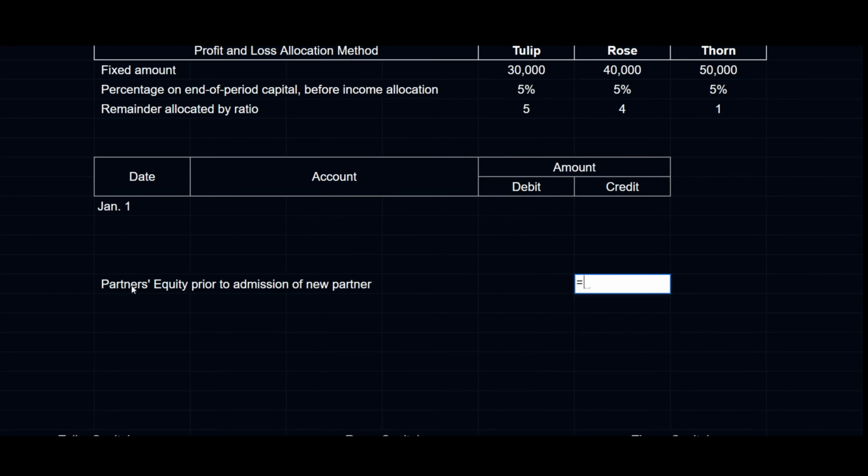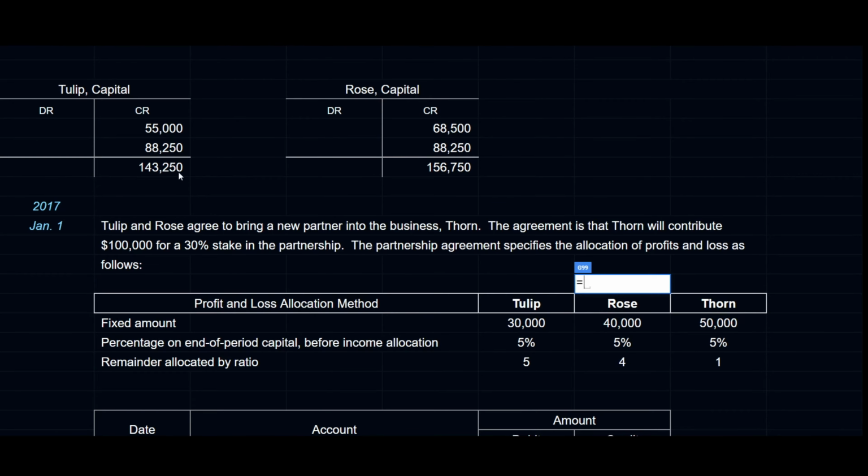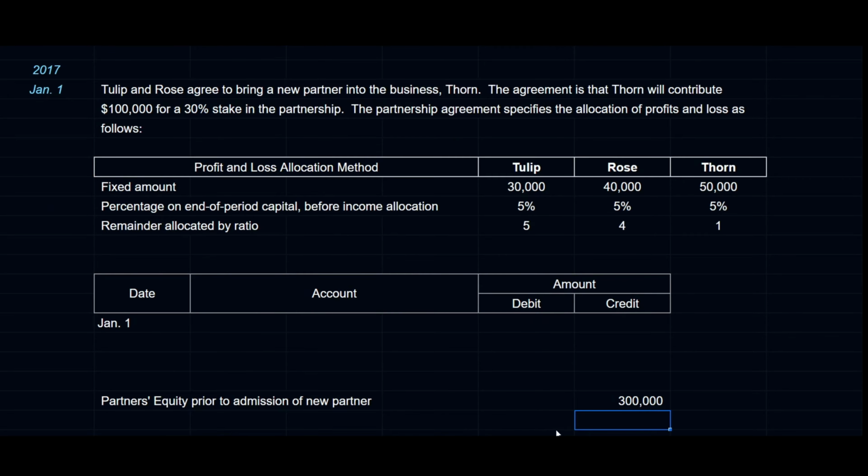We can do that by taking the amounts that we had been keeping track of above. Tulip had a capital balance of $143,250, and Rose had a capital balance of $156,750. That's a total of $300,000.